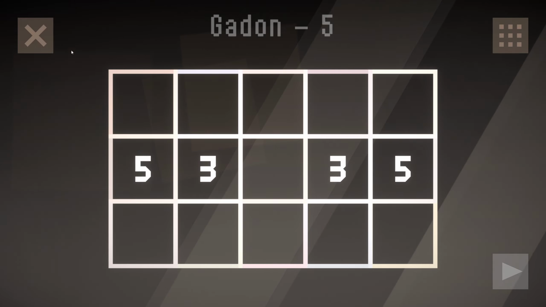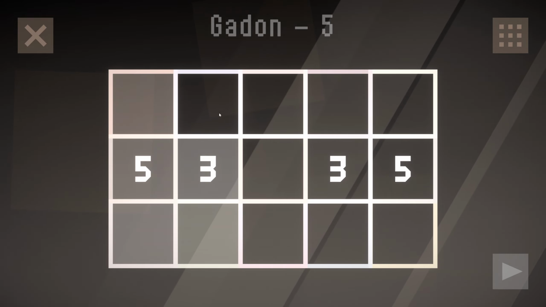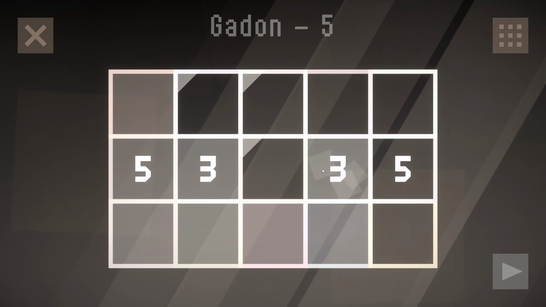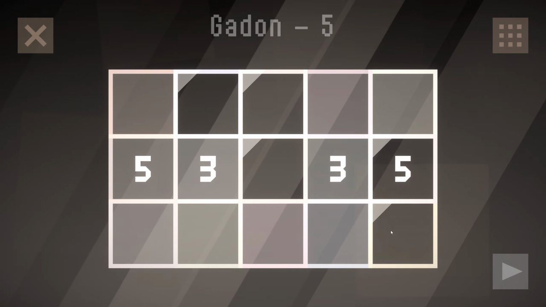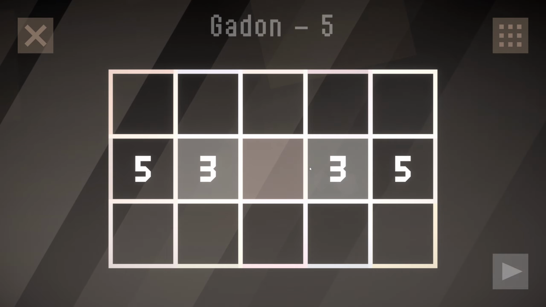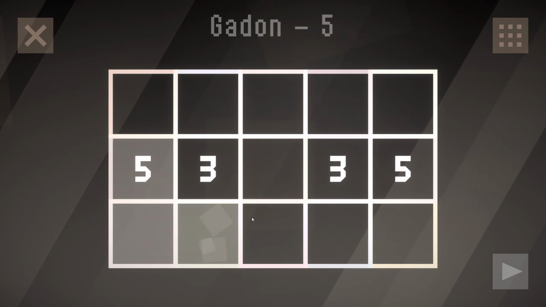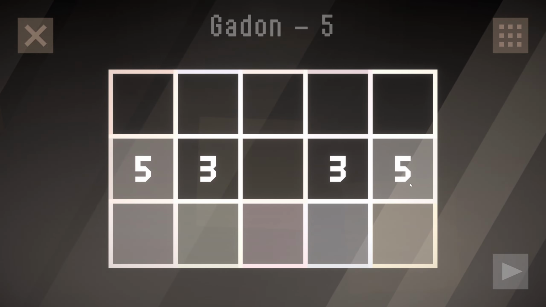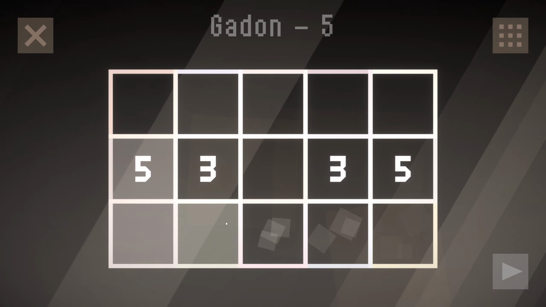So if we can't have a 5 and a 3 and a 5 and a 3, someone has to be sharing by definition, which would have to be this, because a 5 can't stretch out to there into a 7.